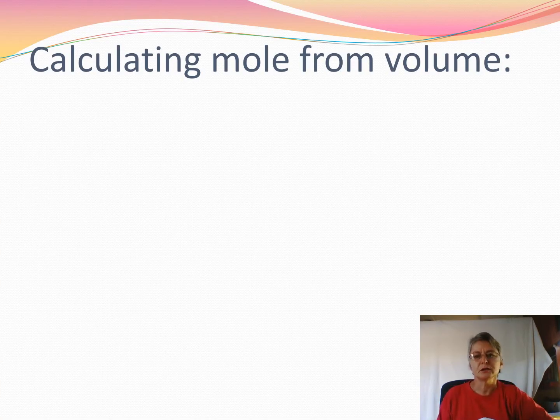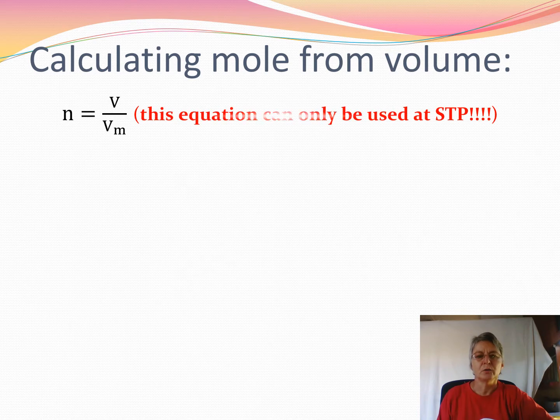So, to calculate mole from volume, we need this equation. Mole is volume of the sample divided by the molar volume of the substance. This equation can only be used at STP if you want to use the Vm as 22.4 cubic decimeters.